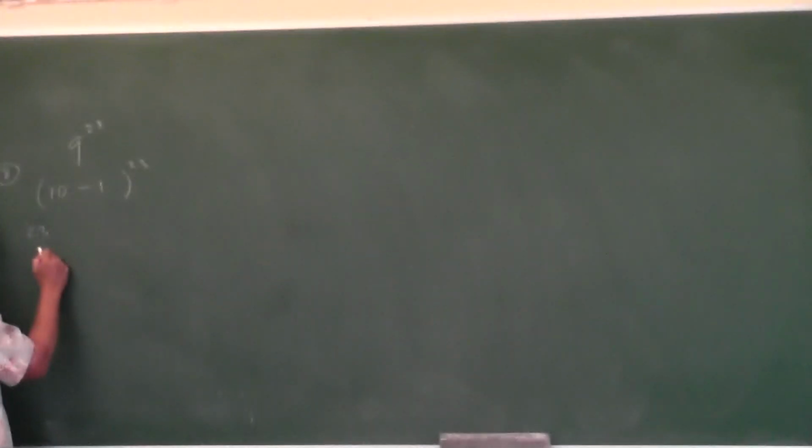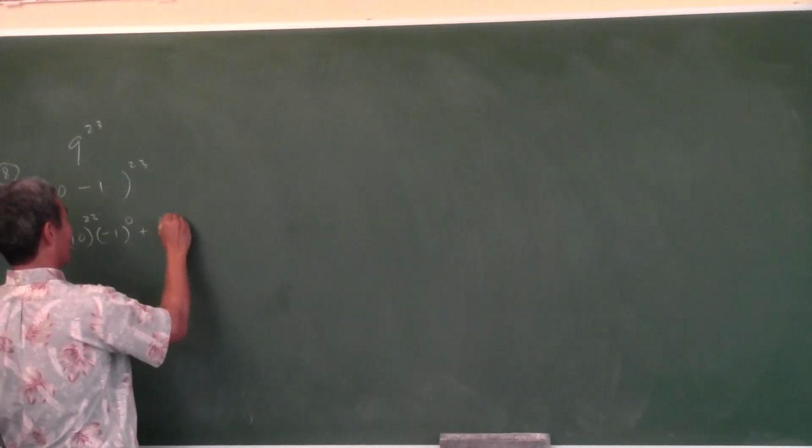For example, what's the first term going to be? 23 choose 0, A to the 23rd, B to the 0. So basically this number is a 1 followed by 23 zeros. Is that going to help me find the last 3 digits?